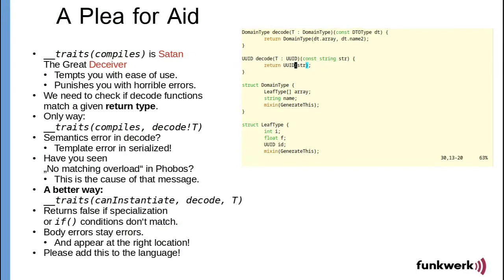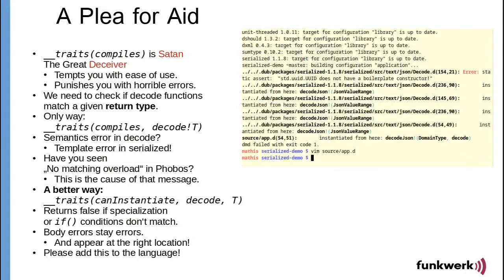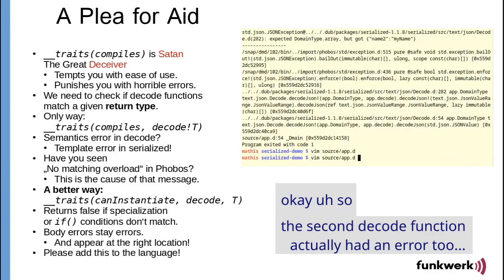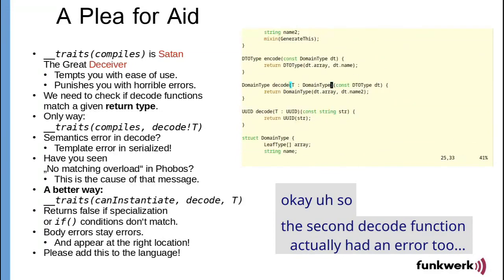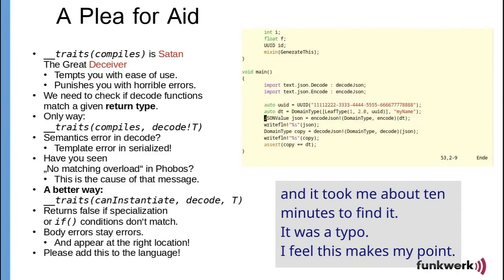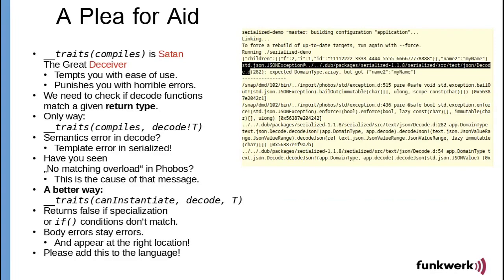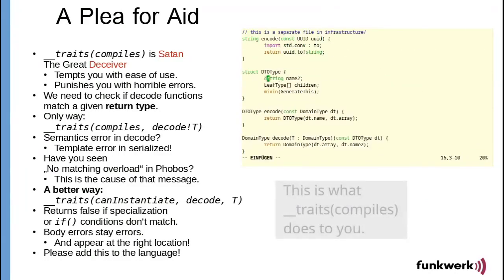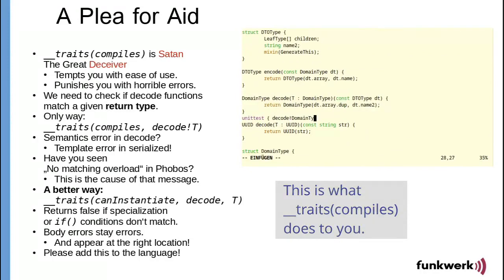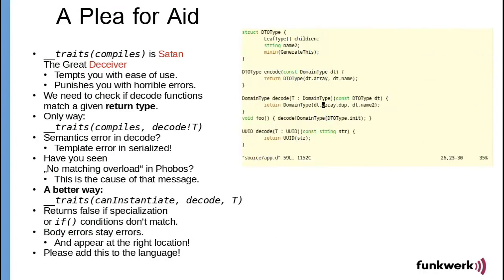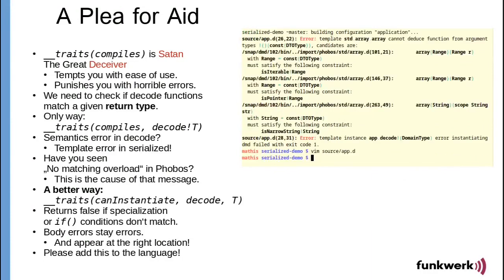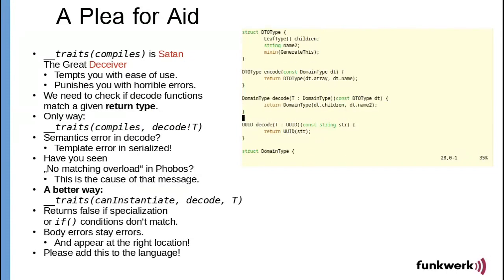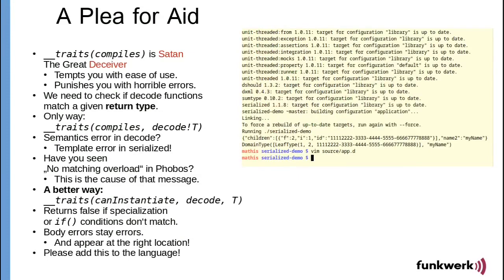UUID, of course, doesn't have a from string method. And if we change that one thing, well, sorry about that.